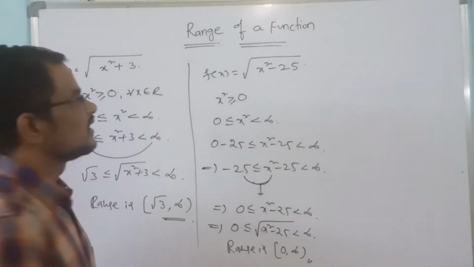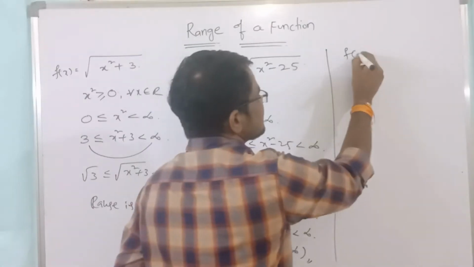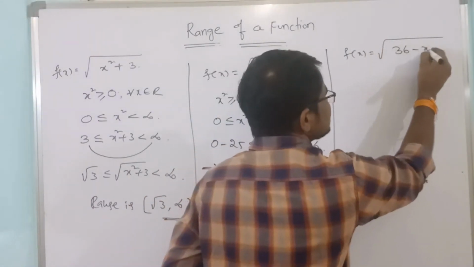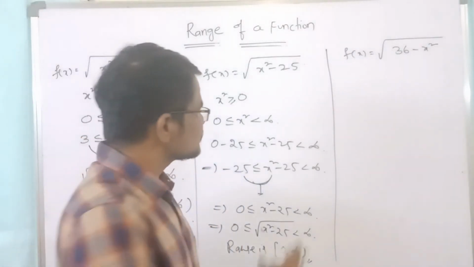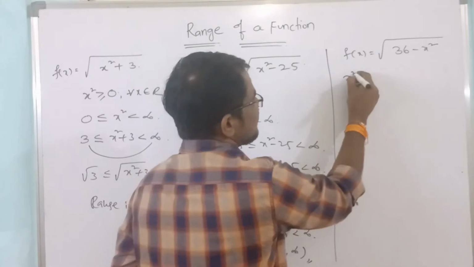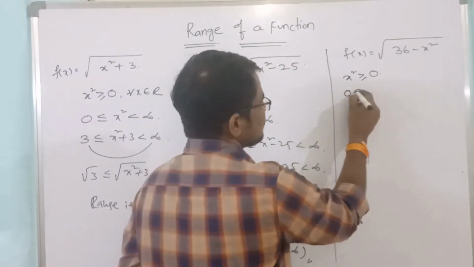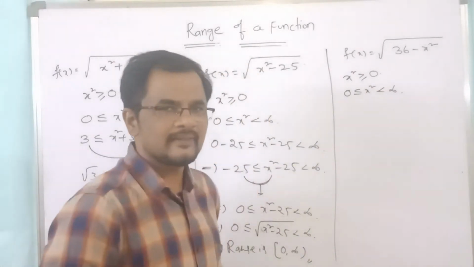Right? And now suppose the problem is like this, f of x equal to root of 36 minus x square. So here also same procedure, x square greater than or equal to 0 means 0 less than or equal to x square less than infinity. Okay.